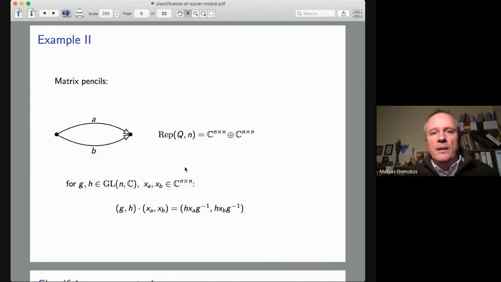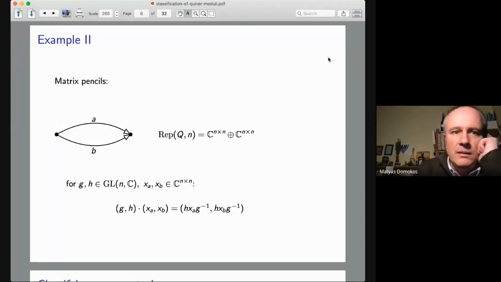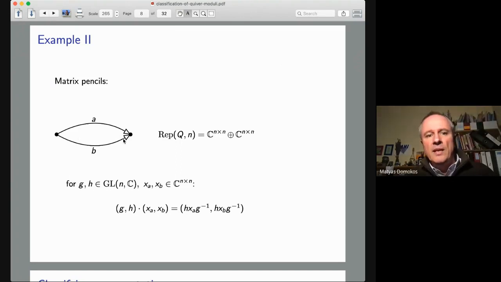Another well-known classical case is the case of Kronecker's matrix pencils. The quiver has two vertices this time and two arrows from the first vertex to the second. Again we take the dimension vector (n, n), for example.